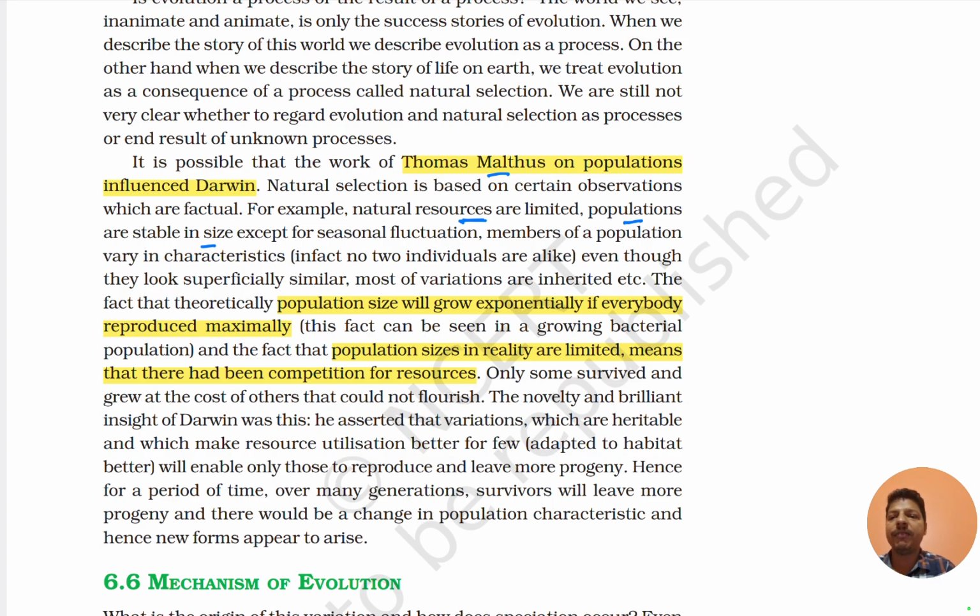Members of a population vary in characteristics. Even though they look superficially similar, most of the variations are inherited. Theoretically, population size will grow exponentially if everybody reproduces maximally, but in reality population sizes are limited, which means that there has been competition for resources.